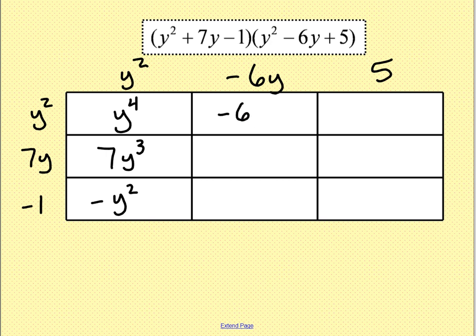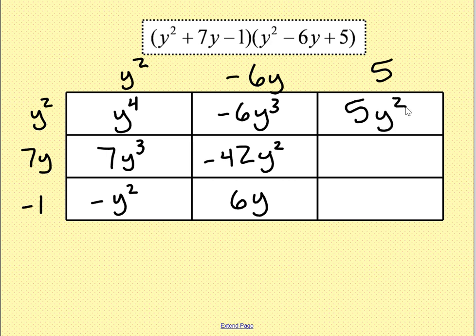Negative 6y times 7y is going to be negative 42y squared. Negative 6y times negative 1 is going to be positive 6y. My final column, I'm going to have 5y squared here. I'm going to have 35y, and I have 5 times negative 1 is negative 5.